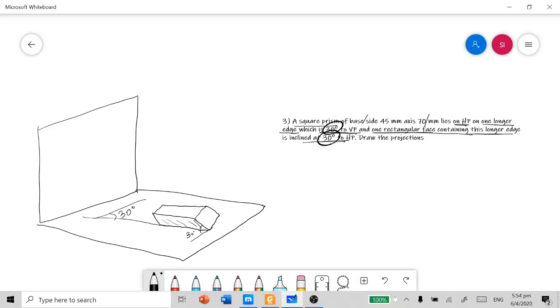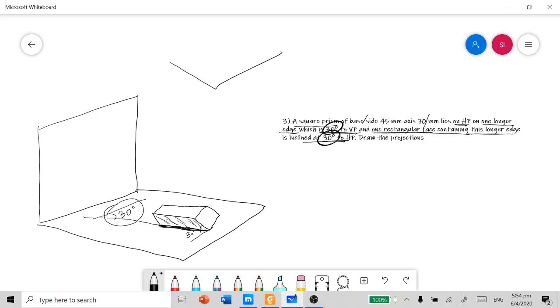So this is the actual resting condition of the solid. Here the two angle values are: one is the 30 degree inclination for the longer edge with VP, and the other is for the rectangular surface containing that longer edge.